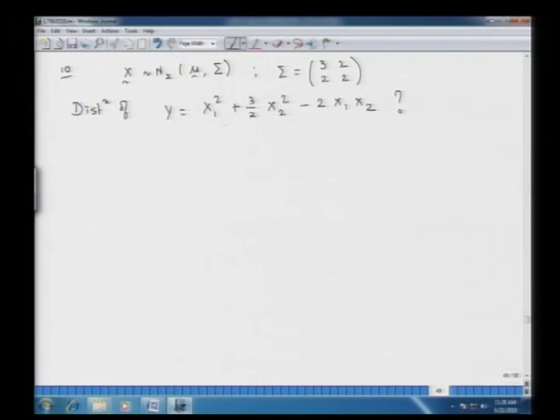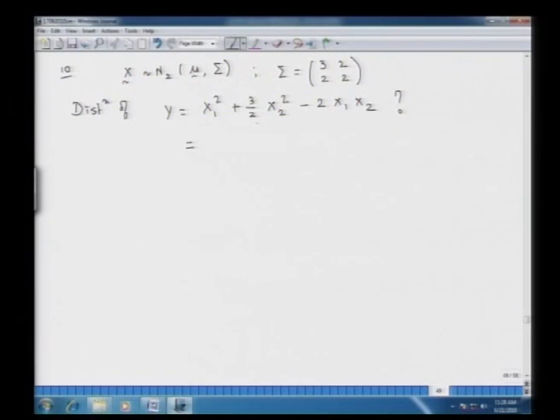Now note that this is actually a quadratic form in the components of this random vector x. So we would write it in the way the quadratic form results in theory were presented. This quadratic form can be written compactly as x1 x2, which is the x vector, times the following matrix, which has the square entries corresponding to x1 as 1, corresponding to x2 as 3 by 2, and the off diagonals are the x1 x2 terms.